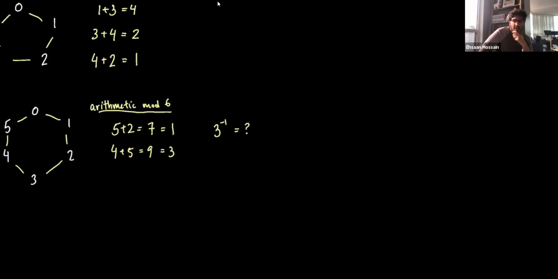What's the multiplicative inverse again? How is that even defined? Yep, it gives you 1. Yeah, exactly. So I need to find a number x. Let's call it x, all I know is that 3 times x is equal to 1.